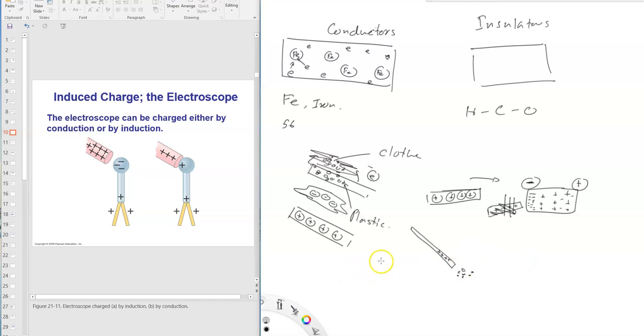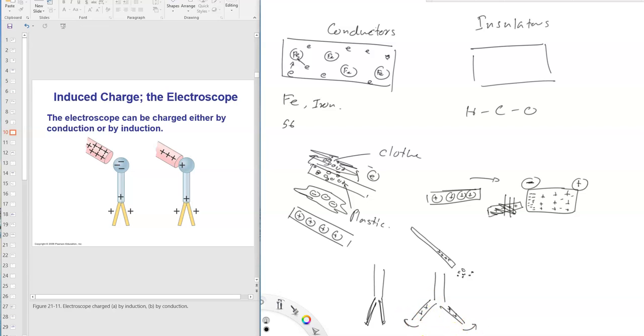So for an example, here are the two leaves. Bad diagram, sorry about that. Initially neutral, but when they become positive, they're going to move away from each other because they're positive. These are the leaves kind of moving away from each other.